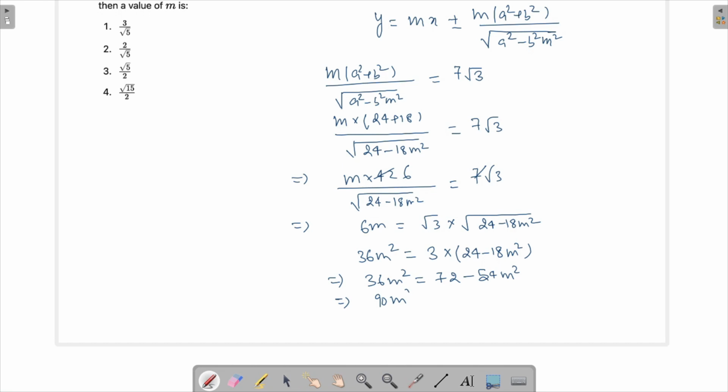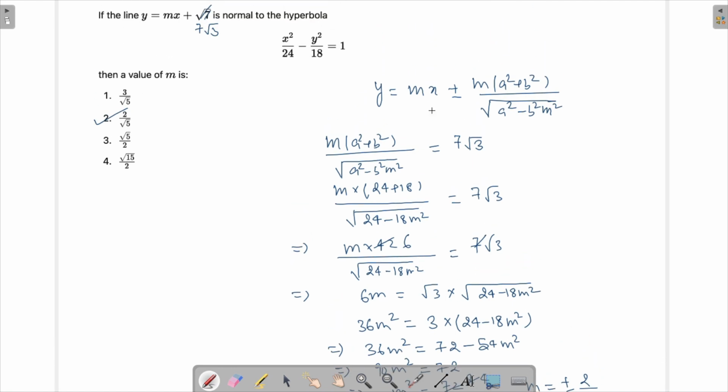So 90 m square will be 72, and then m square is going to be equal to 72 by 90, which is 4 by 5. So what you get is m as plus minus 2 upon root 5. One of the values will be 2 upon root 5, and this is what will be your answer.